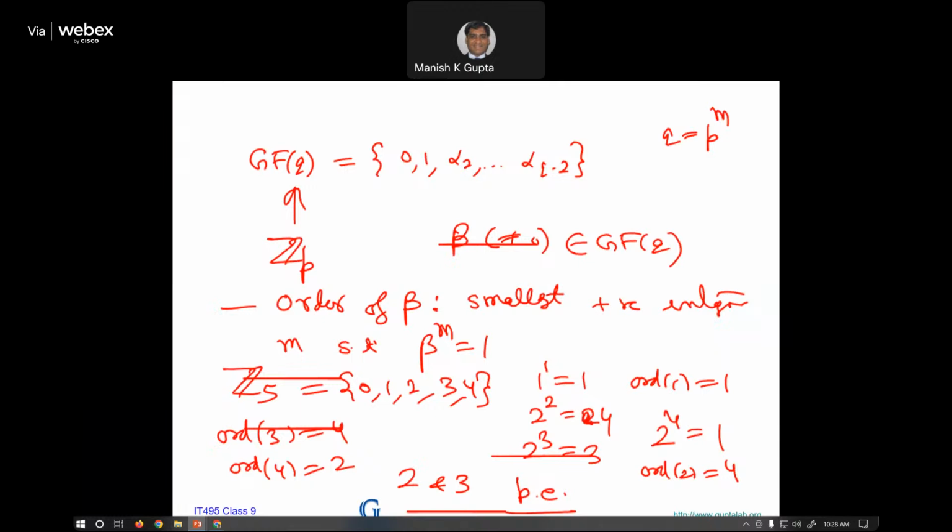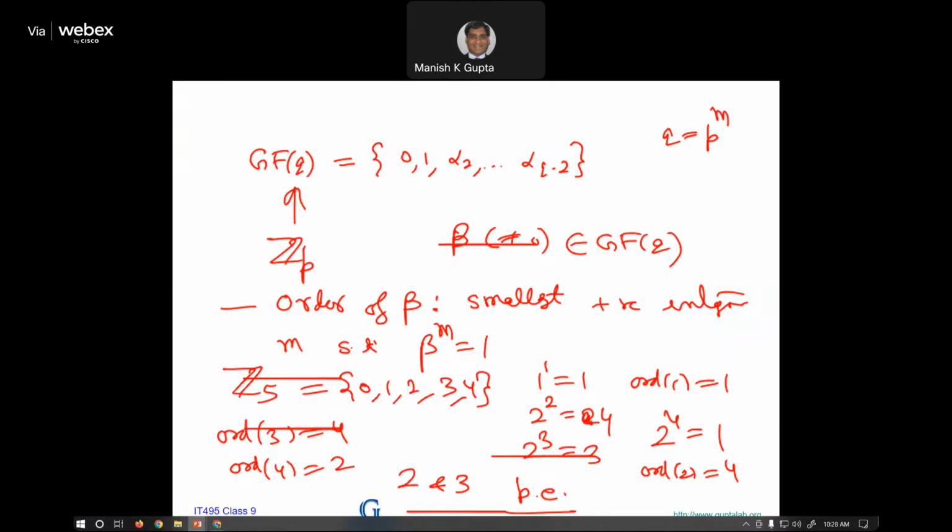So this is a kind of primitive element. 2 is known as a primitive element, which generates the whole thing. If you have done a course on group theory, you probably know that there is a generator for a cyclic group. If you take the non-zero elements, they form a multiplicative group, so there will be generators. Here 2 and 3 are known as primitive elements because their order is the order of the whole set of non-zero elements.